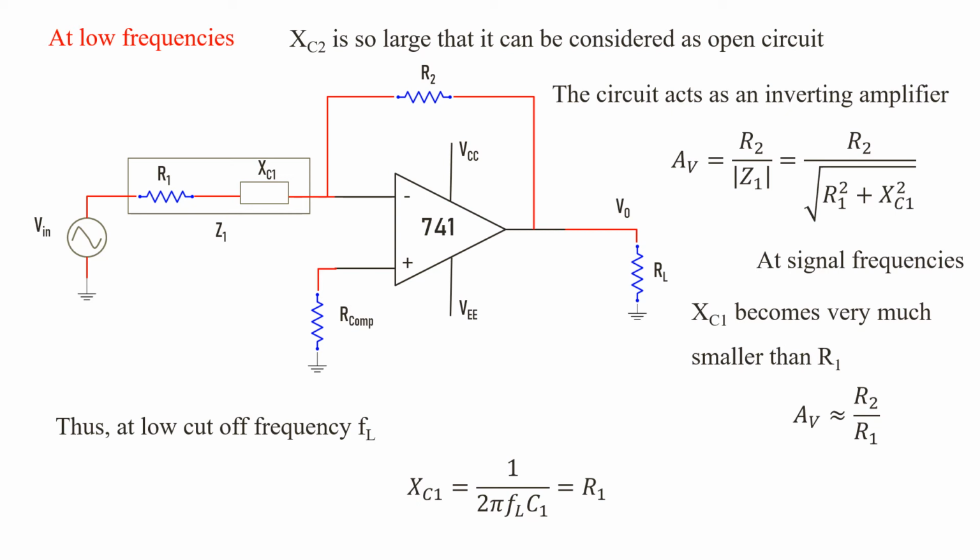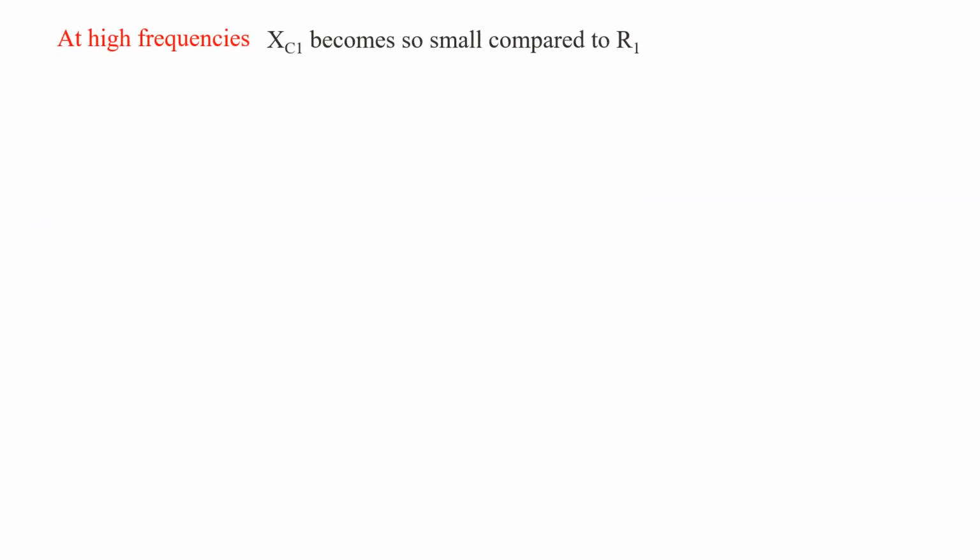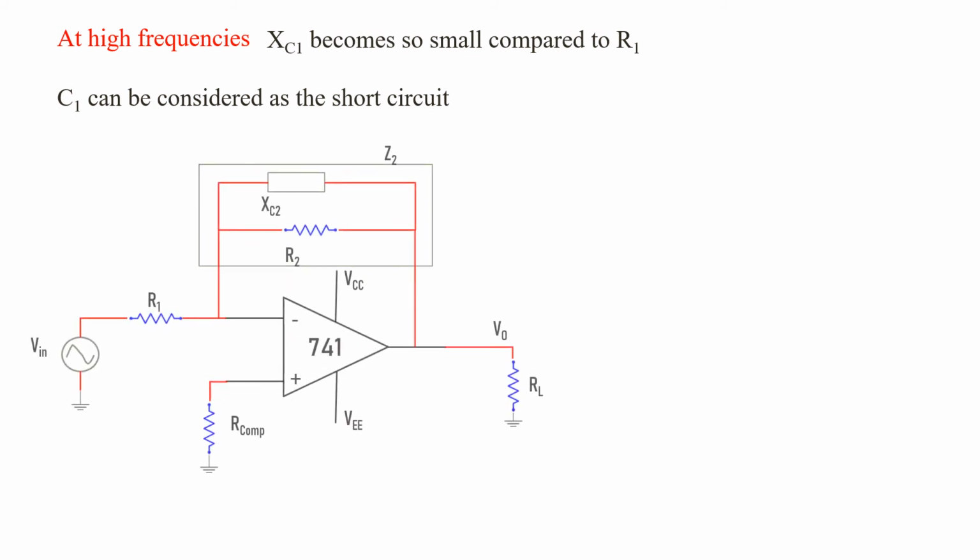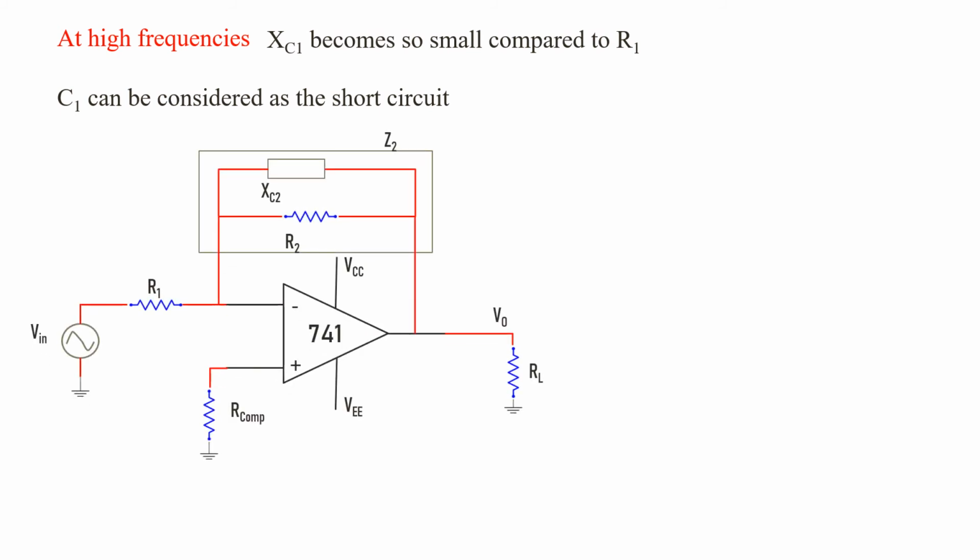The next part is at high frequencies. At high frequencies, Xc1 becomes so small compared to R1 that C1 can be considered a short circuit. So this will be the circuit diagram where C1 is not present. Again, this circuit acts as an inverting amplifier, but in the feedback path, the capacitive reactance and the resistance R2 are connected in parallel, which is considered as the impedance Z2.